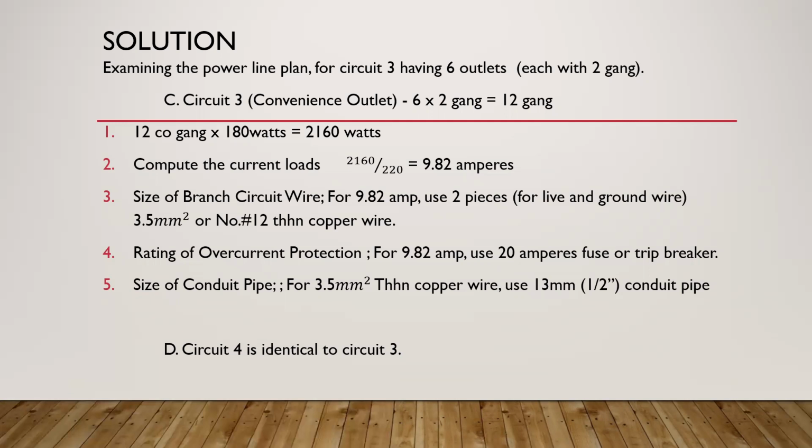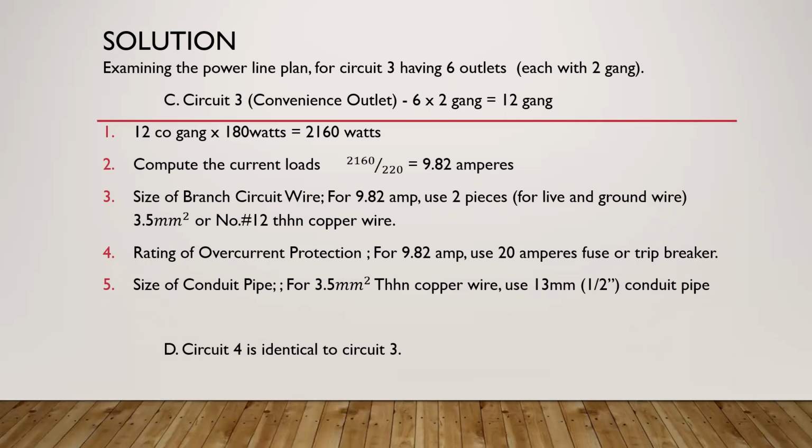And then, again, balik tayo sa ating circuiting guidelines. Diba? Sa ating convenience outlet, ang minimum rating ng ating fuse is 20 amperes. So by direct observation, mas mababa yung ating computed current load, di ba? 9.82 amperes lang. Pero since the code specifies those regulations, susunod tayo.